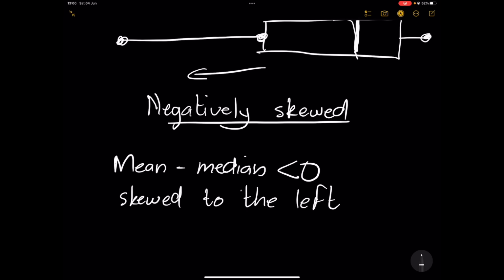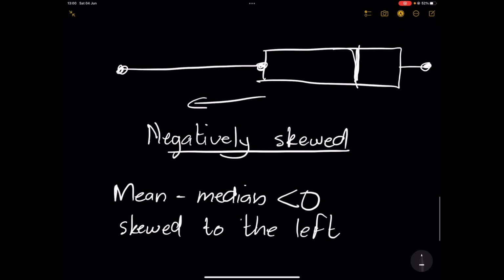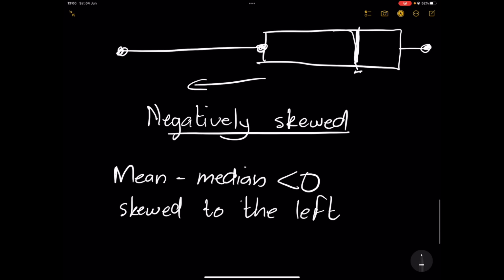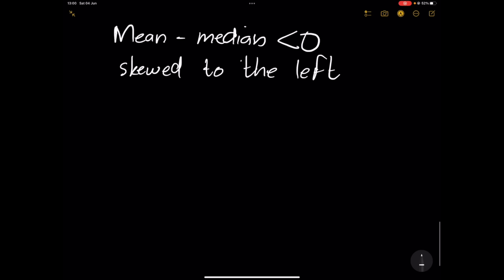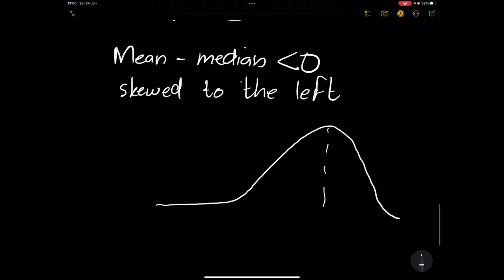In this case, the mean is more towards the end. When we draw the distribution of it, you'd find that you've got something that looks more or less like that, where there's your mean more towards this side.